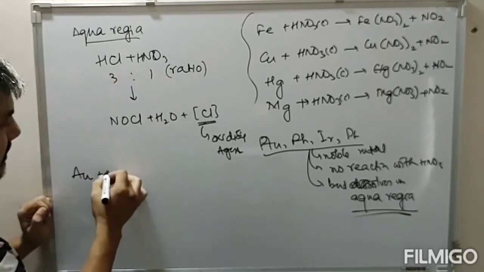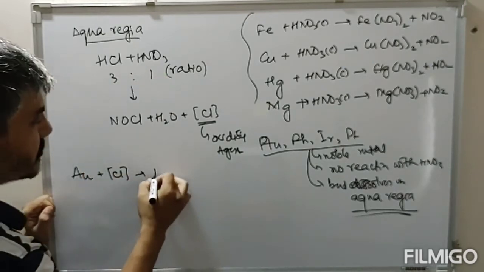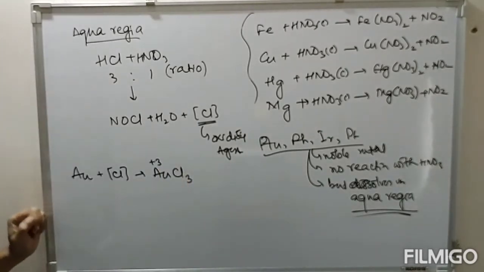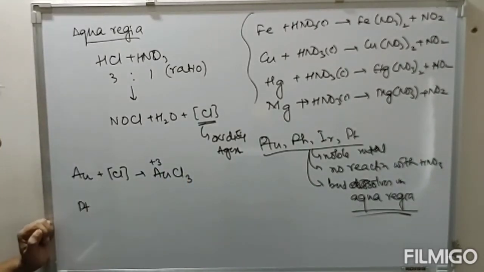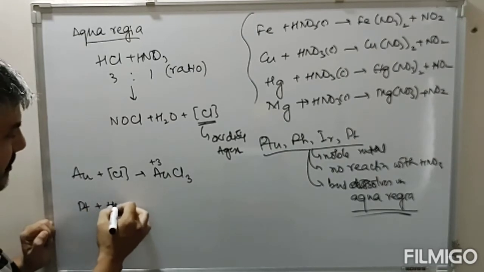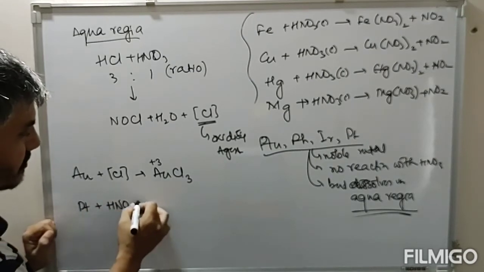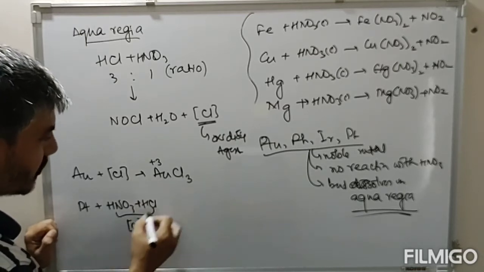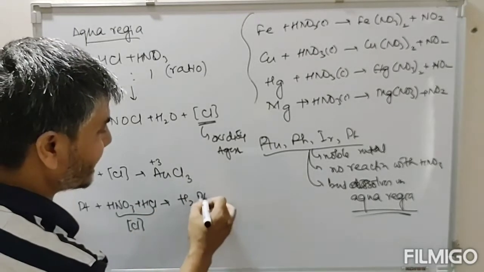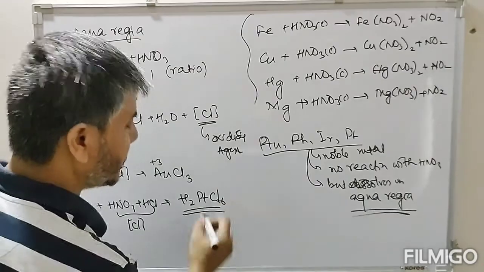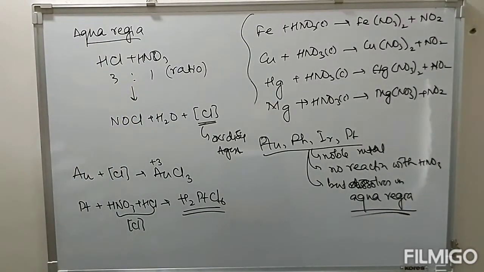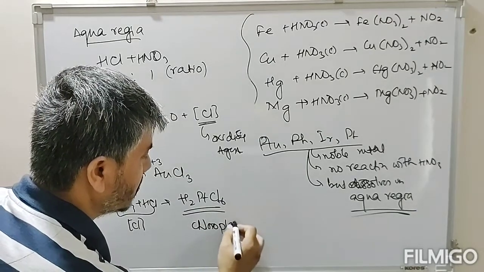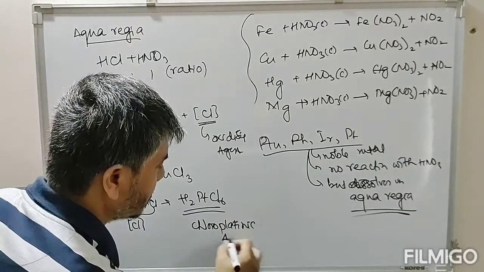So this gold reacts with this aqua regia, that is active chlorine, when this gives you auric chloride, gold plus 3. Similarly, platinum reacts with this mixture HNO3 plus HCl. So this gives you active chlorine, when this gives you chloroplatinic acid, which is a very strong acid. Chloroplatinic acid.